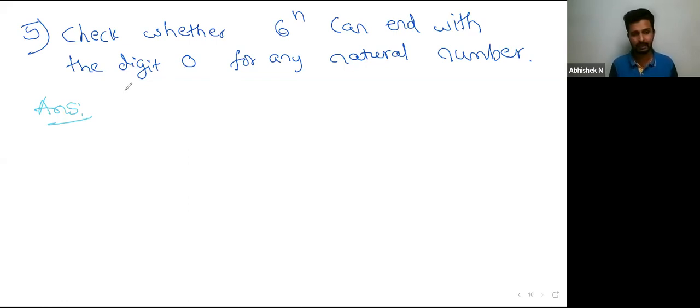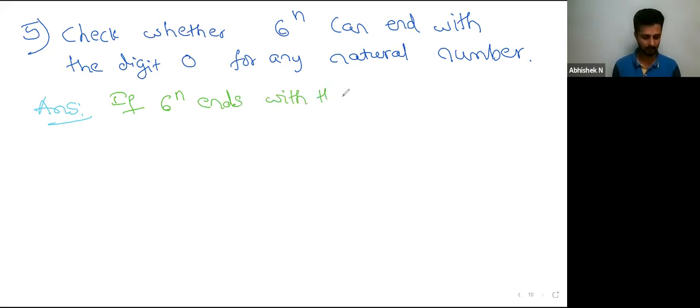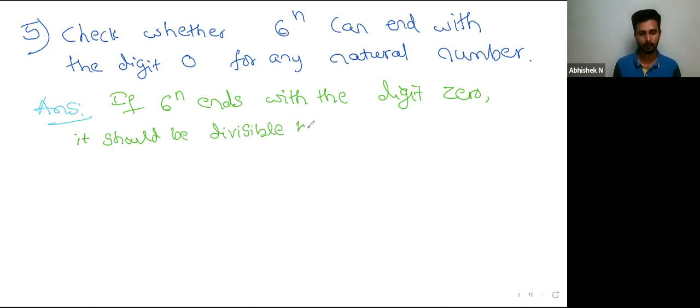If 6 to the power n ends with the digit 0, then it should be divisible by 5, as we know that a number with unit place 0 or 5 is divisible by 5, right?